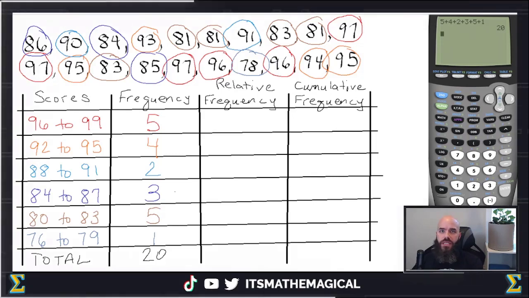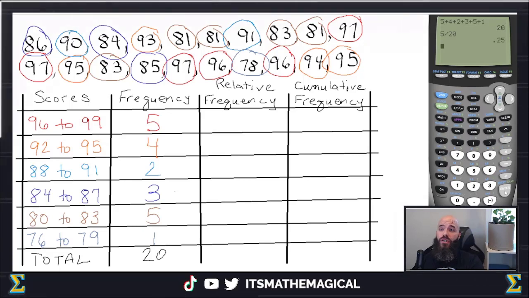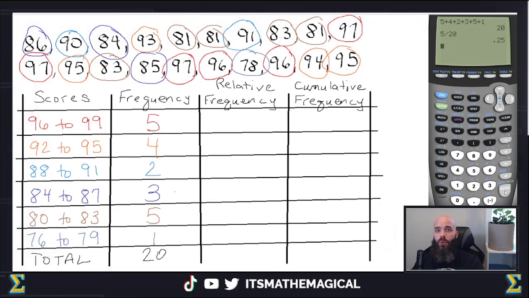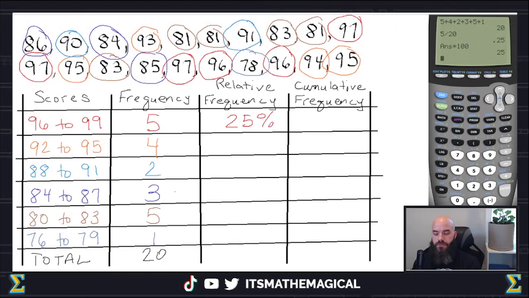But let's stick to a percentage just for this example. So 5 out of 20 is what percent? We take 5, divide by 20, hit enter. That's the decimal, 0.25. Remember, to change that to a percentage, you just multiply by 100%, or you simply move your decimal 2 units to the right. So the first bin, values from 96 to 99, takes up 25% of the data set.